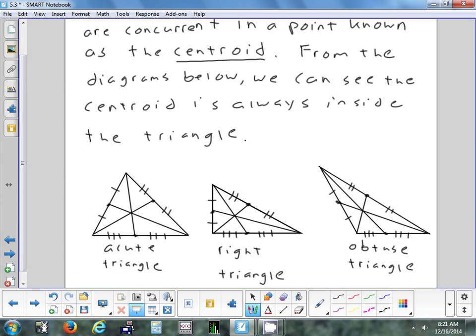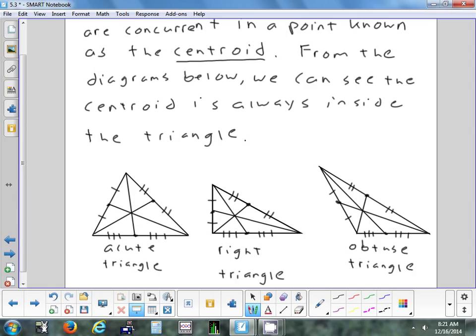So I have an acute, a right, and an obtuse triangle. Same three cases we looked at for the circumcenter. In an acute triangle, notice it's inside, right triangle, still inside, obtuse triangle, inside.